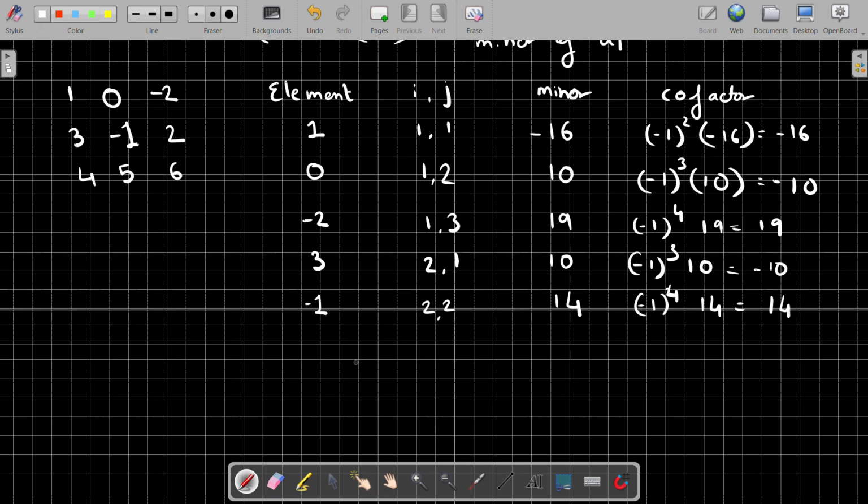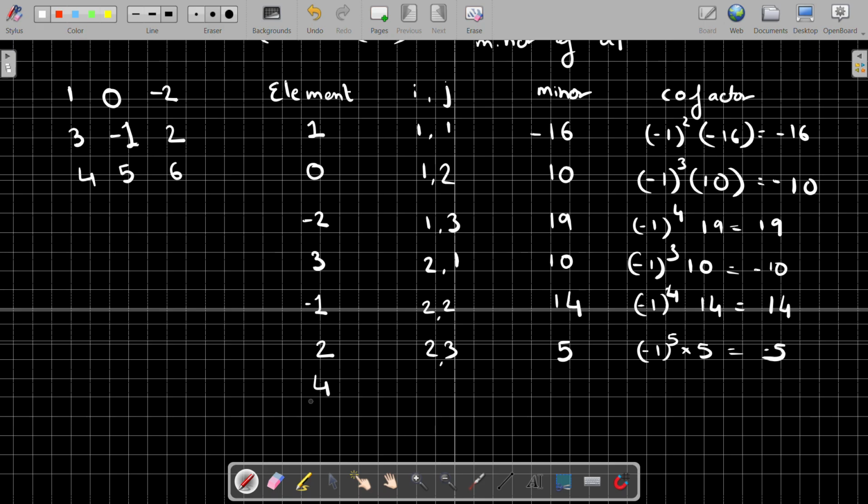Now, in a similar fashion, element 2, position 2 3, minor is 5, -1 power 5 into 5 is -5.